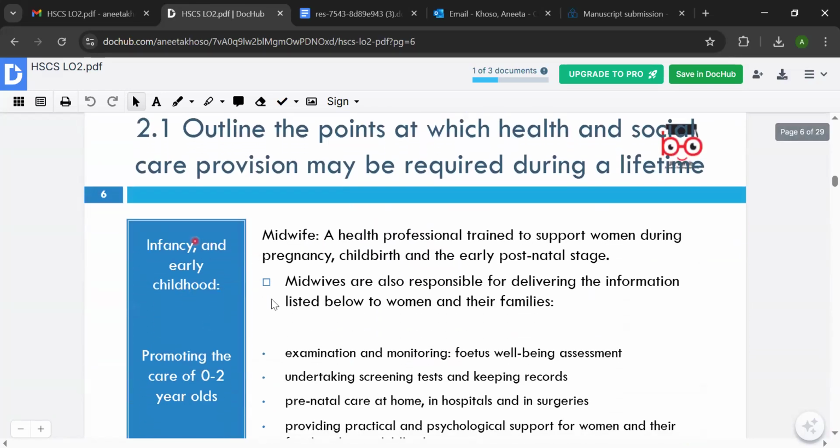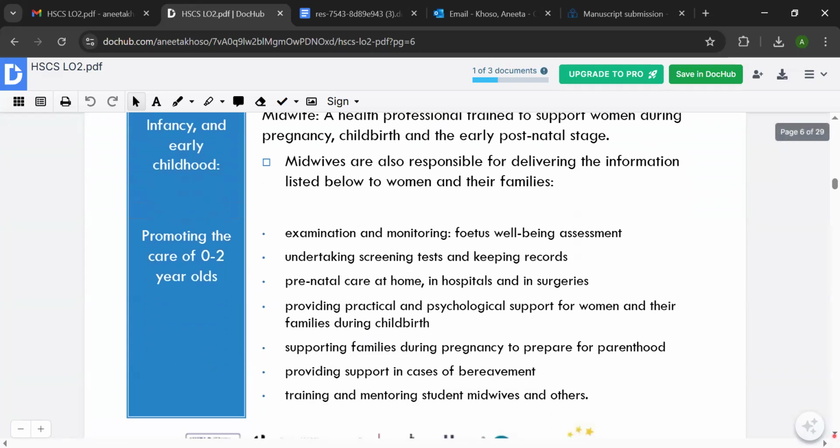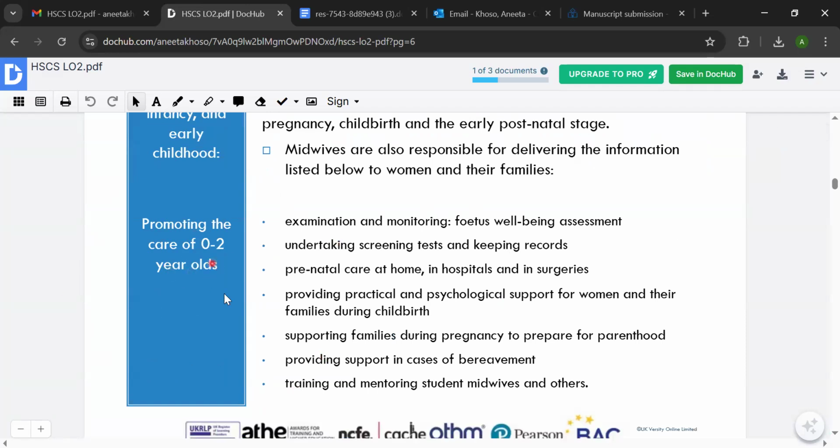So, infancy and early childhood. You have a midwife, a healthcare professional who is trained to support women during pregnancy, childbirth, and the early postnatal stage. Midwives are also responsible for delivering information to women and their families, and they promote care of 0 to 2 year old children.